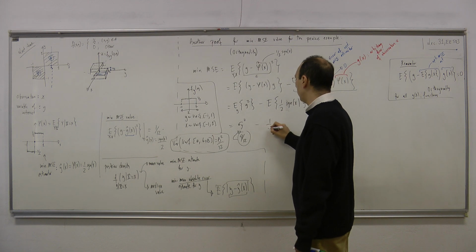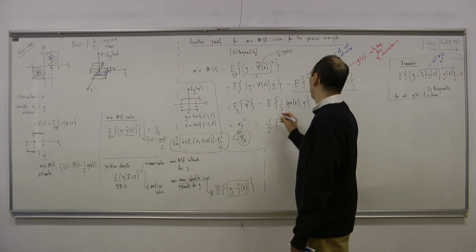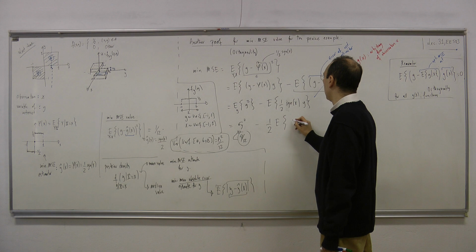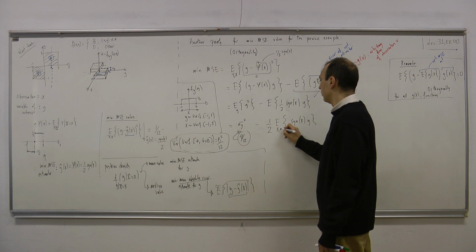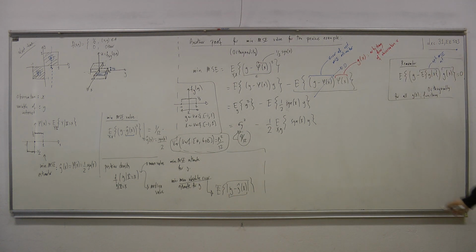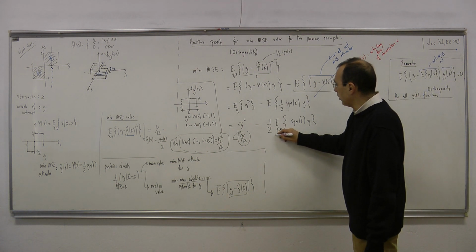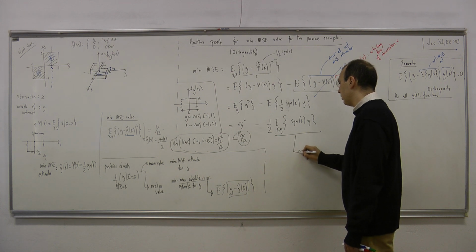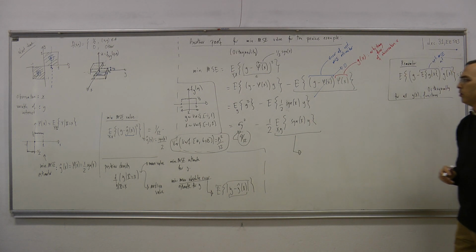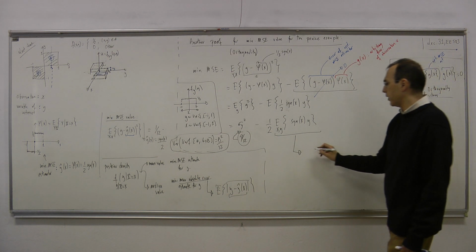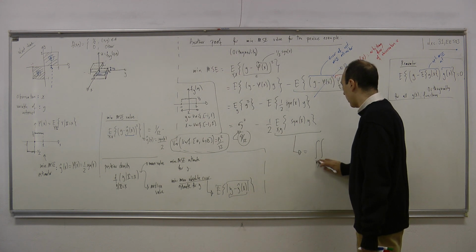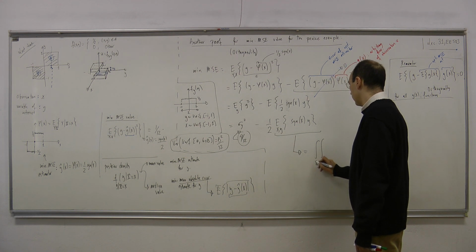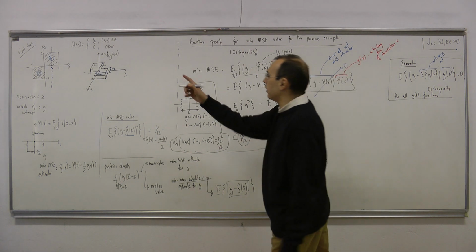So this is 1 over 2, moving this out, expected value of signum of x times y. I need to calculate this expectation. Let's not think of anything creative, just apply the definition of expectation. I'm integrating over this xy pair over this area.